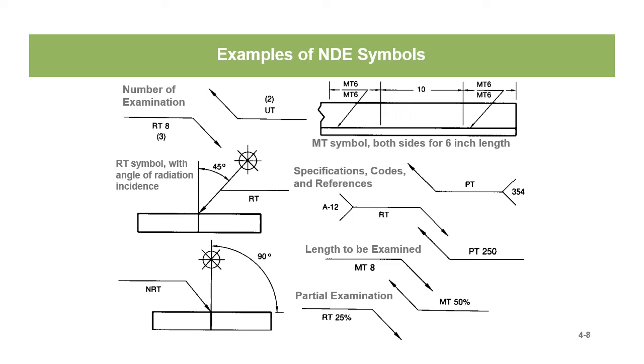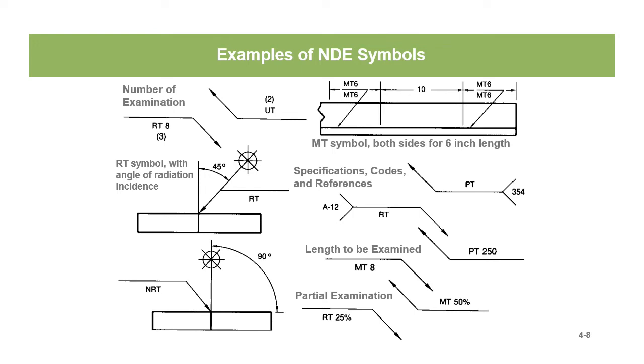If you can't find a specific symbol that's covering exactly what you want, put information in the tail. See note 12 or use procedure, Bob's Welding and Barbecue WPS and NDE procedure 1332. Just write it down. Write exactly what you want done in the tail.